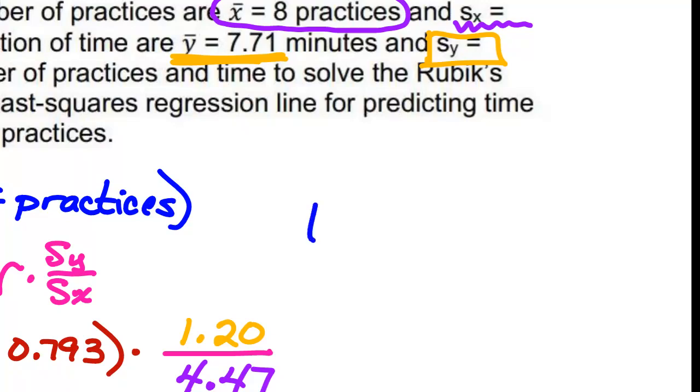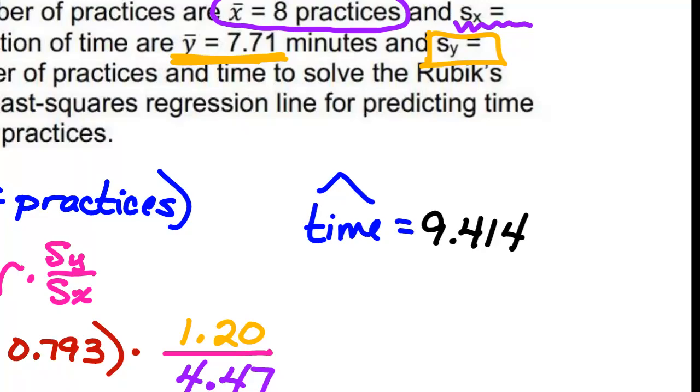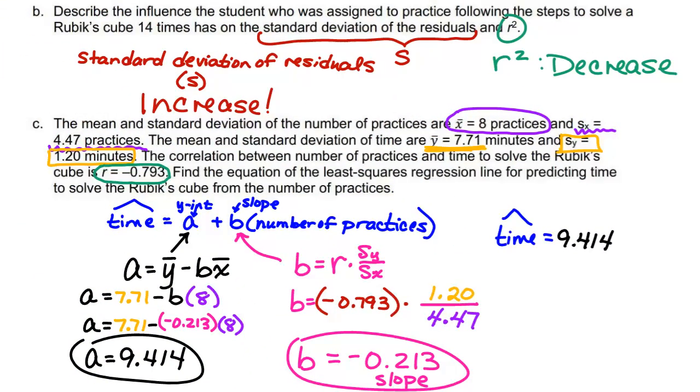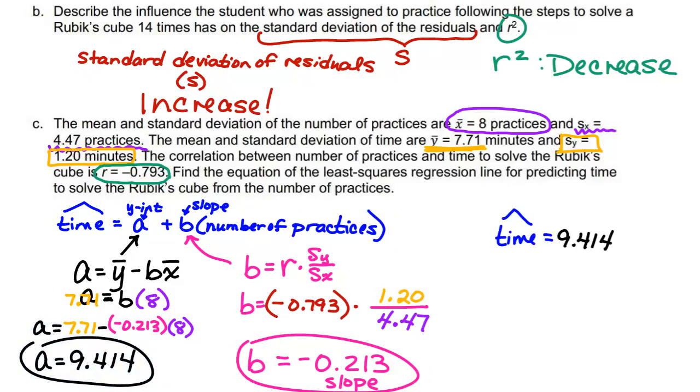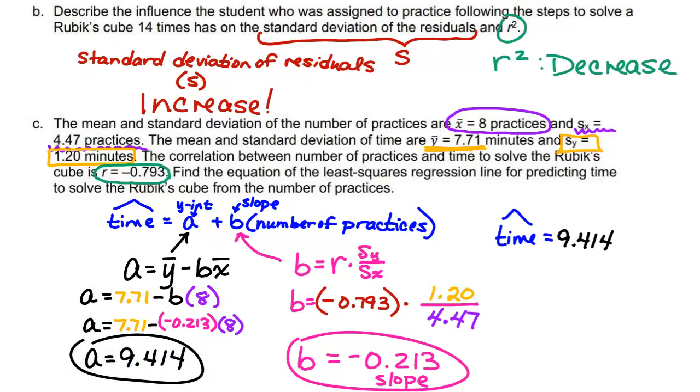So I'm going to have time hat equals 9.414 plus or minus on this next piece. Minus, why minus? Slope was negative.